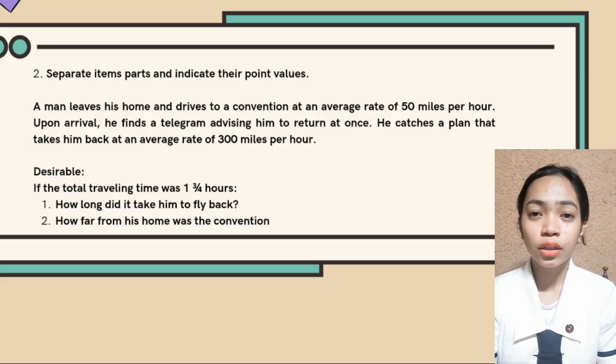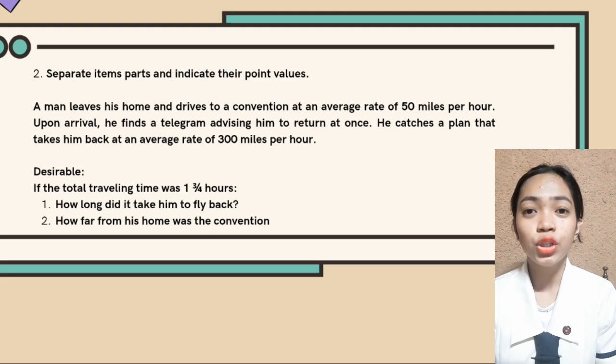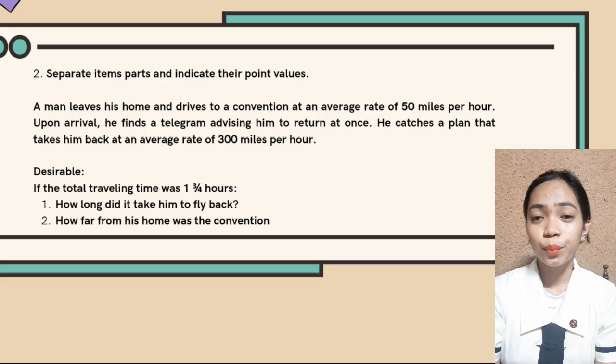To simplify, breaking this into parts with point values: you should set up and solve for the time to fly back, and second, use the time to find the distance from home to the convention. To solve the problem, we begin by letting t represent the time in hours it took the man to drive to the convention.